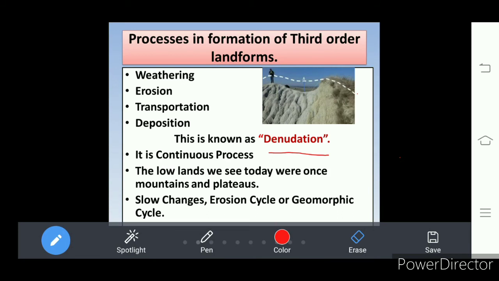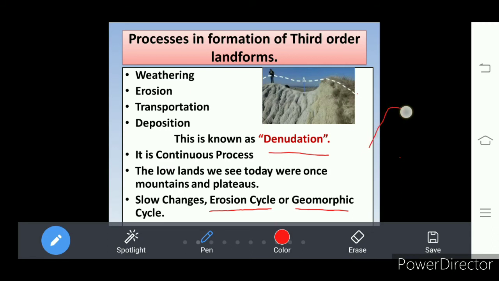The denudation process is also called erosion cycle or geomorphic cycle. Geo means the earth, morphic means changes. So the existing landforms on the earth's surface are changed by a process, and that process we call geomorphic cycle.